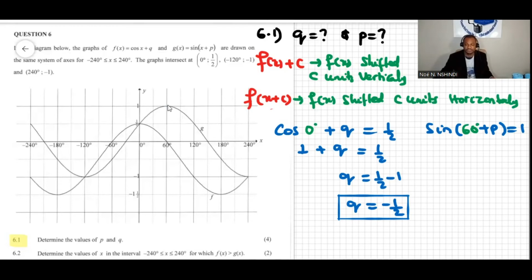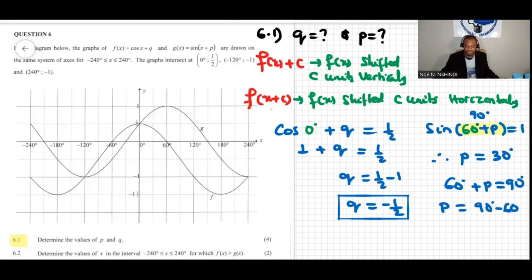Now, we do know that sine of 90 degrees is equal to 1, so 60 degrees plus p must make 90 degrees. Therefore, p is equal to 30 degrees. If you're unsure, you can say 60 degrees plus p equals 90 degrees, and then move the 60 degrees over, and we find p equal to 30 degrees.